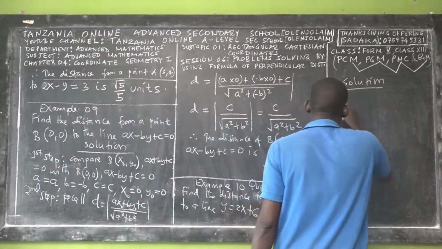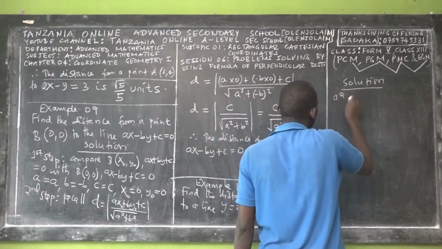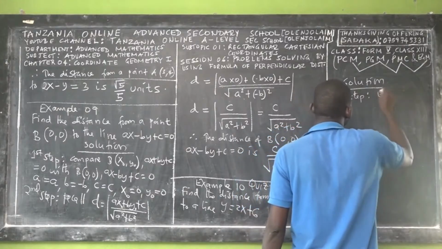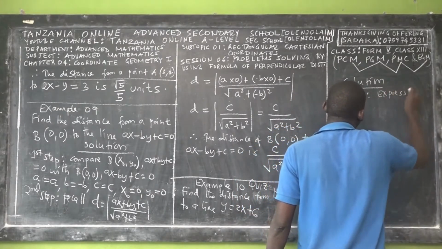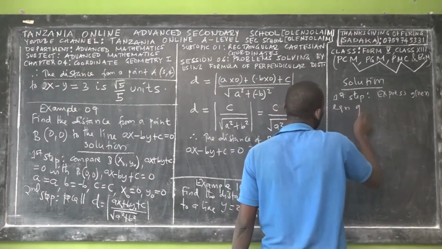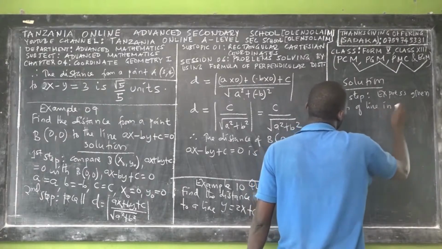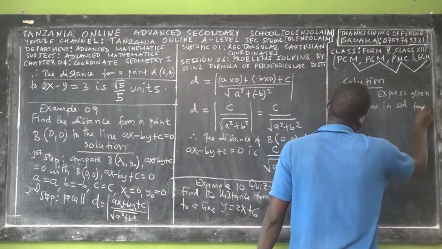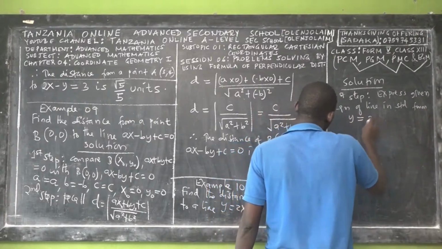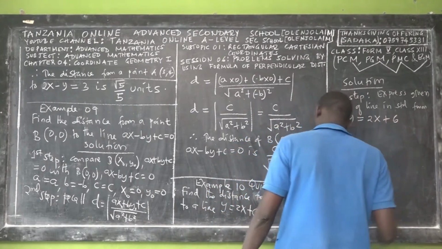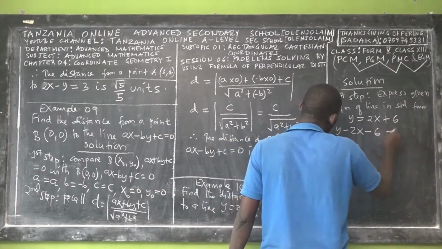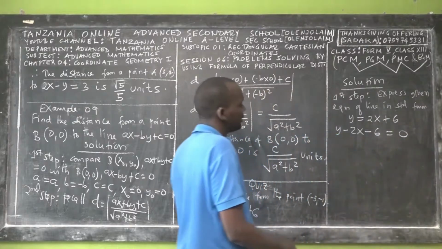So solution. You just follow 2 steps. The first step, we say express the given equation of the line in standard form. So what are you given? You are given y is equal to twice x plus 6. So y minus twice x minus 6 is equal to 0 is the standard form.